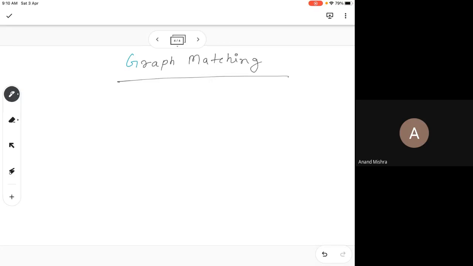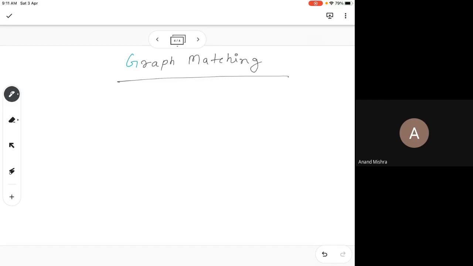Now, matching, graph matching. So we all use some kind of matching in many of our real life applications. Examples could be matching in the matrimony sites, like for the wedding. There is a set of boys and a set of girls, and you do matching, right? Other examples could be forming a two-member group.